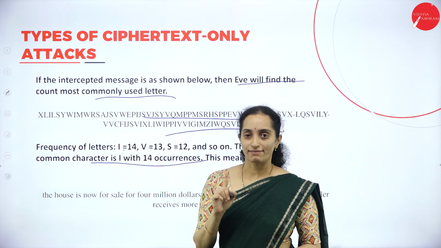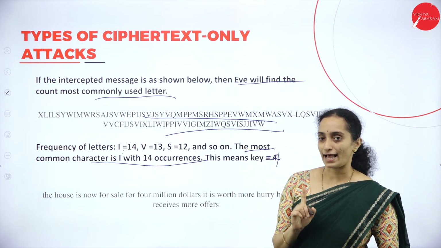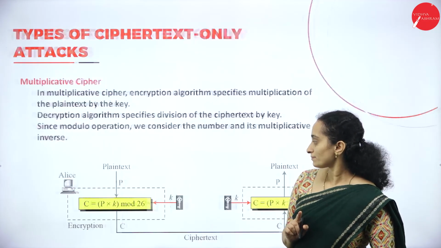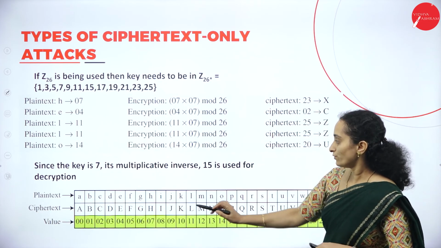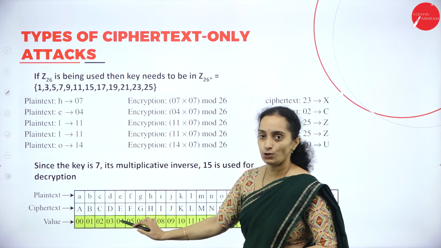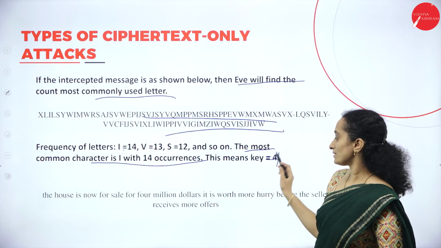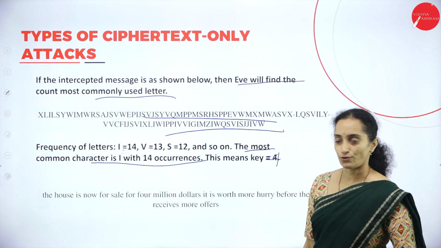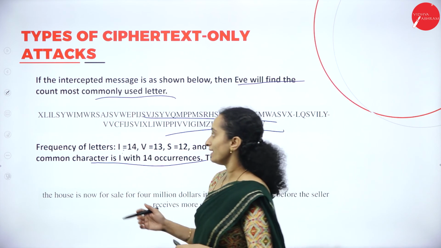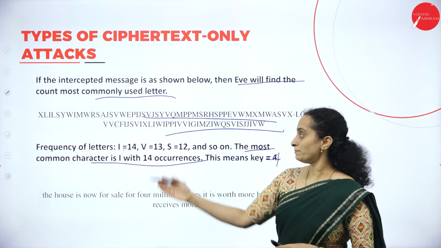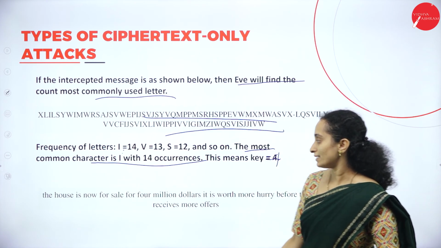E has the numeric value 4, is it not? You can view here, E has the numeric value 4. That's why she assumes that the key is 4. Once she gets the key, she can decrypt the entire message.